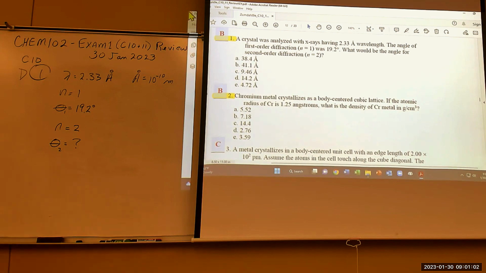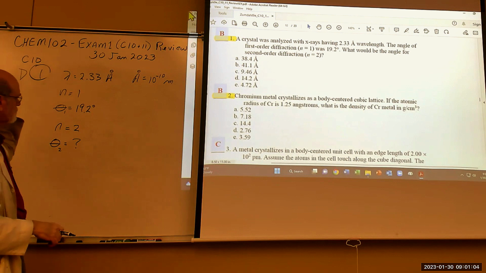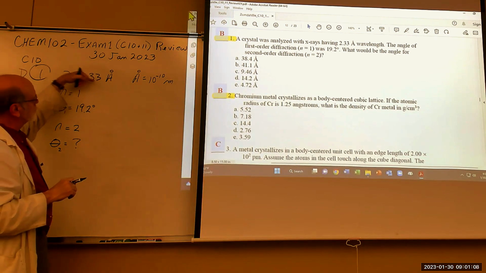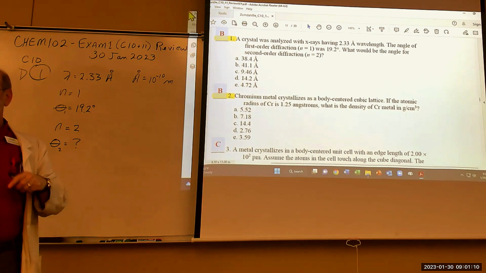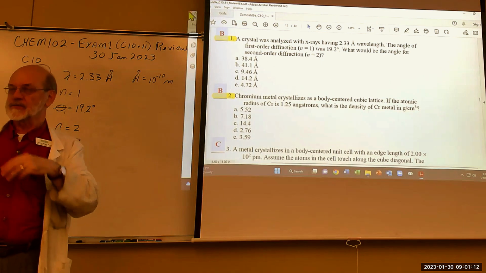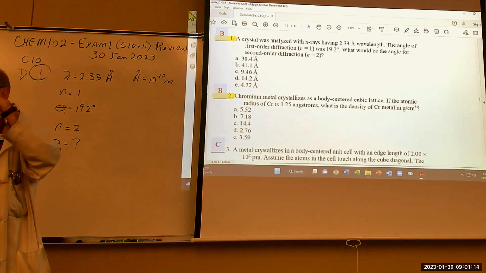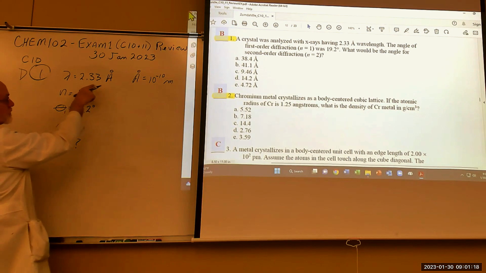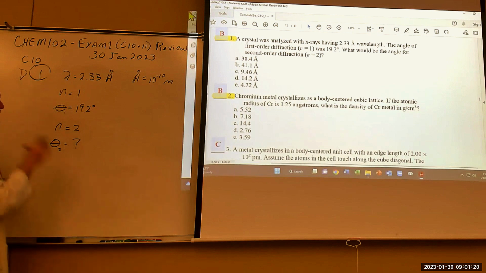Just checking myself. If the wavelength is in angstroms, then the distance between the layers in the crystal lattice will be in angstroms. So it just depends. If we use meters here, the distance would be in meters.